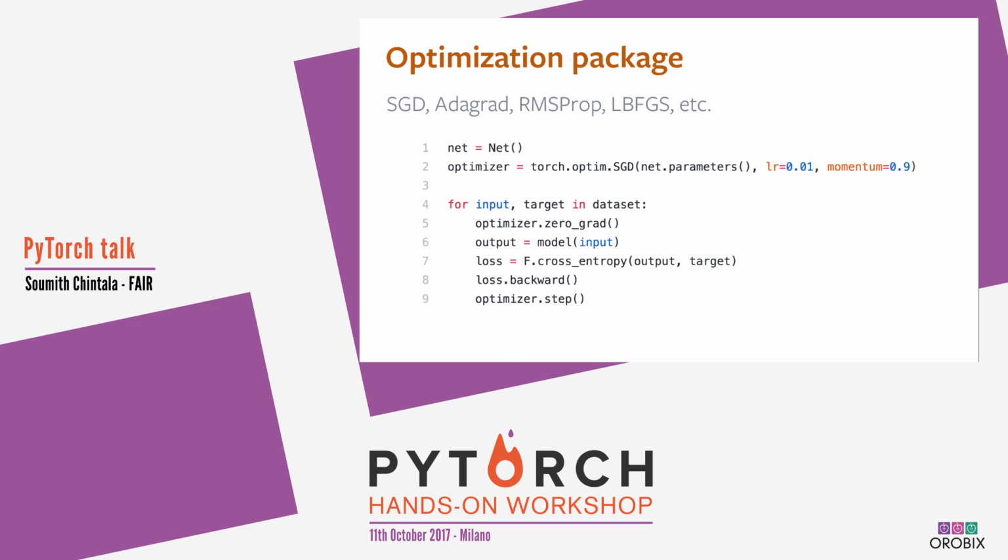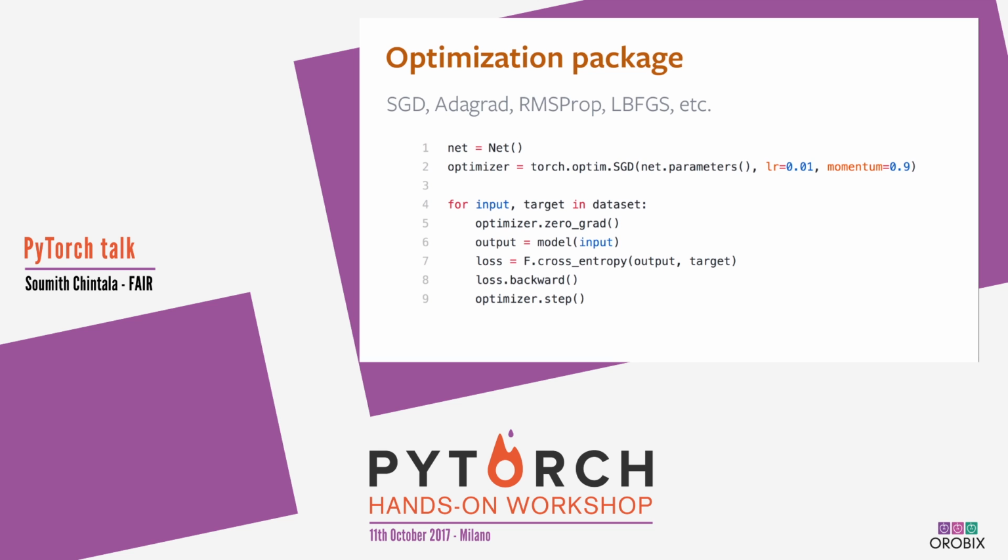So coming to the optimization package, which is the next relevant thing. Once you create a neural network, you define your neural network, but then you want to train your neural network using some gradient descent algorithm like SGD or ADAM. So we have a small package called torch.optim that defines all of these algorithms for training neural networks.